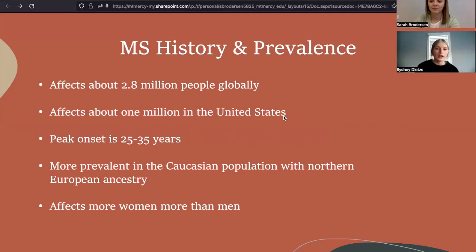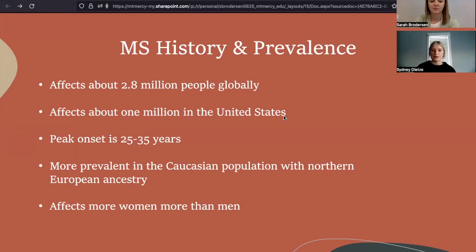Okay, so MS affects about 2.8 million people globally and about 1 million here in the United States. This is more than twice the previous number from a study done in 1975, as well as the studies following that. Peak onset for MS is about 25 to 35 years old, but MS can occur in young children or older adults.